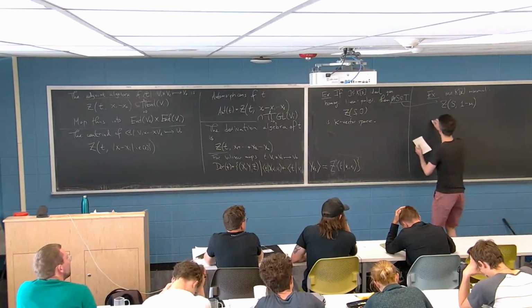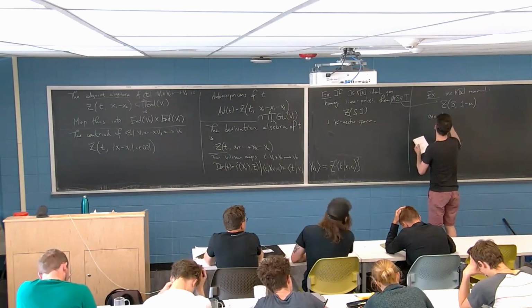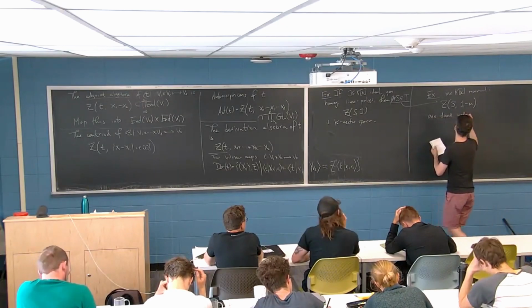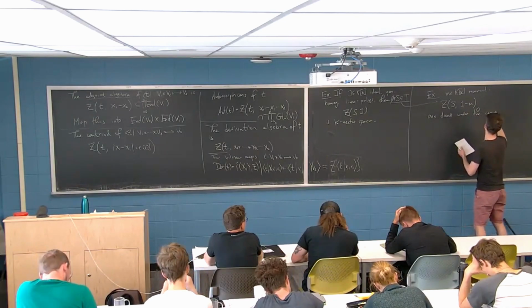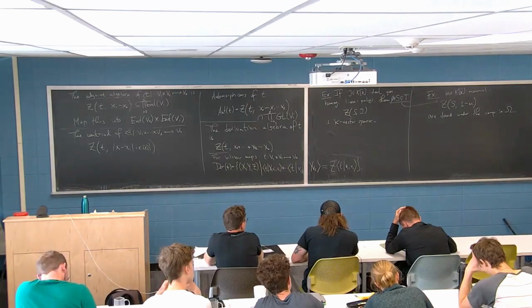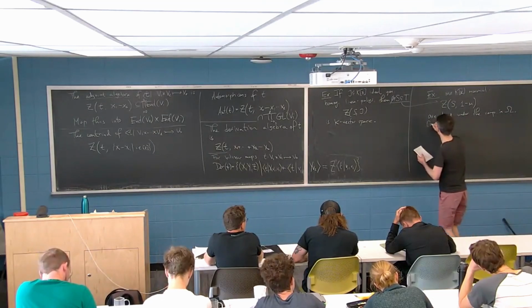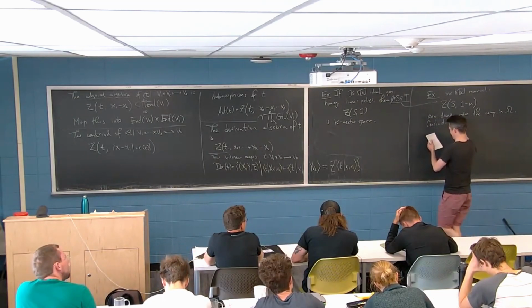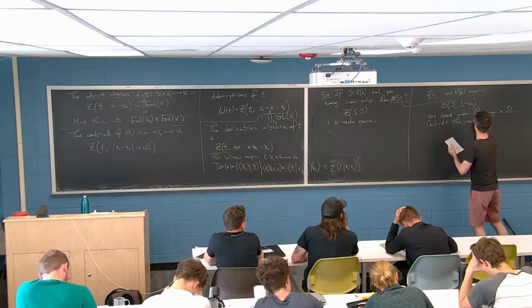They're closed under composition in omega. And then I conclude the invertible elements form a group.